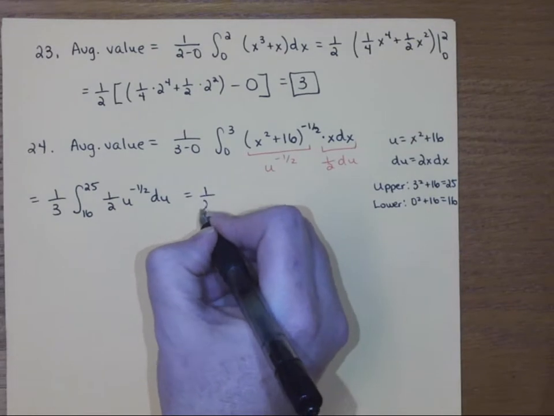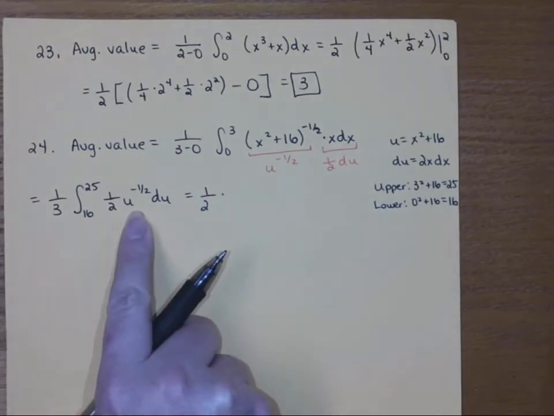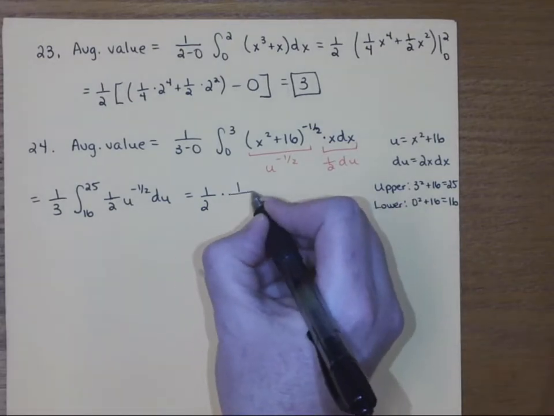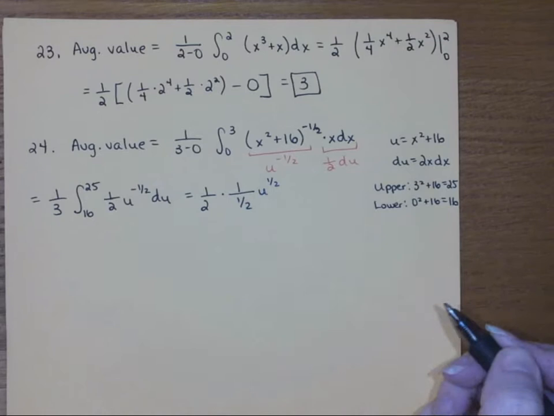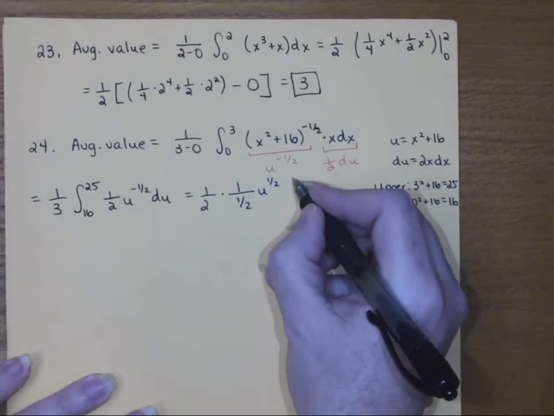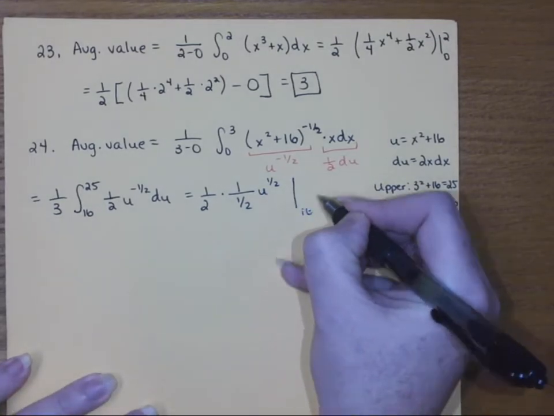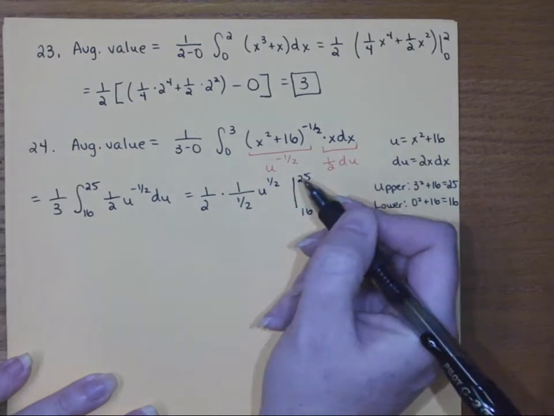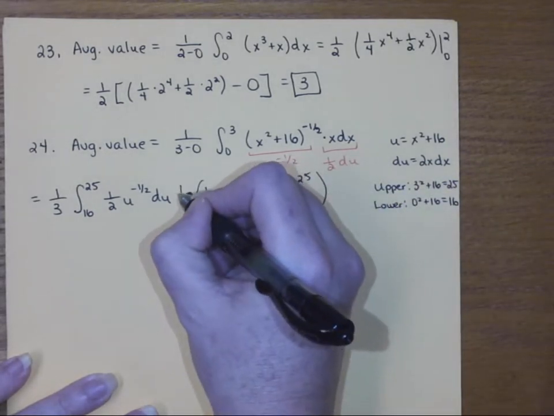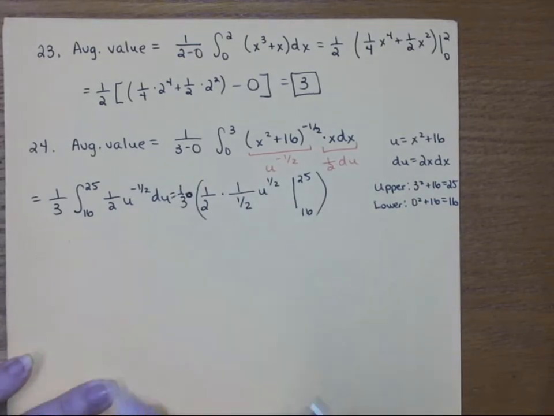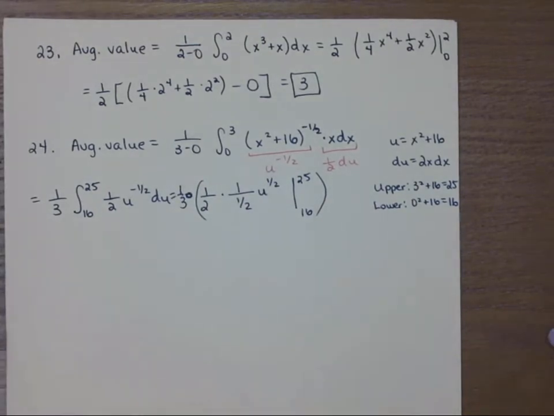So the constant stays. We add 1 to the power. Remember, negative 1/2 plus 1 is 1/2. So it's 1 over new power, u to the new power, and then evaluated from 16 to 25. And don't forget, technically, you also have the 1/3 here. This 1/3 isn't going away. So this is going to cancel. It's going to be a 1/2 times 2.